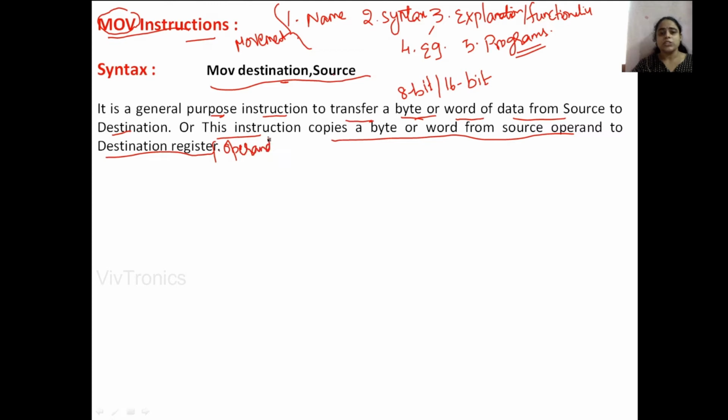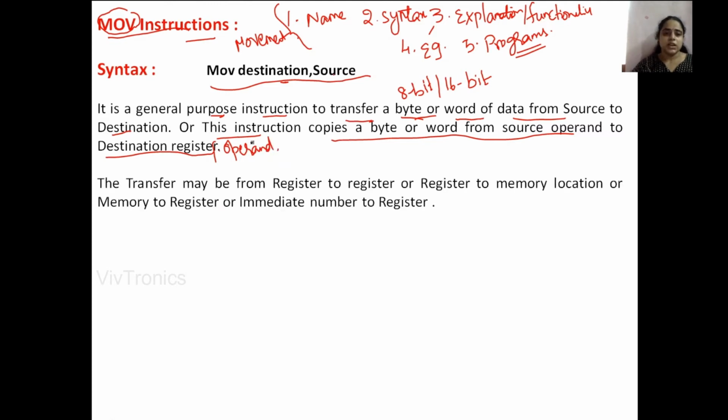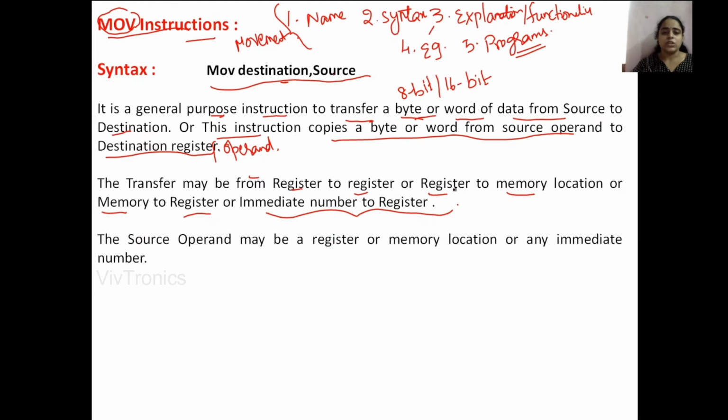What are the possibilities for the source and destination operands? The transfer may be from register to register, register to memory location, memory to register, or immediate number to register. Therefore, the source operand may be a register, a memory location or an immediate number.